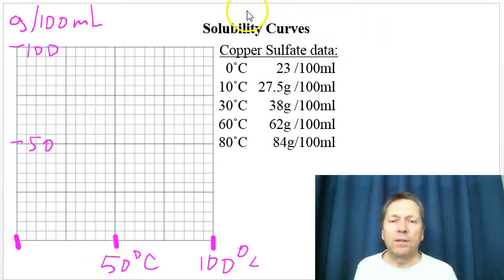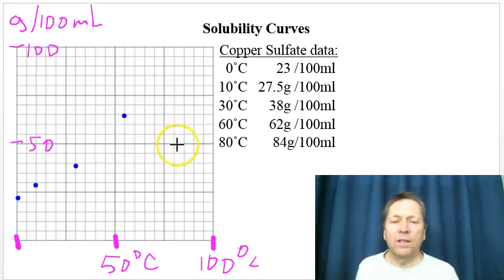Our first point, let's get some dots going here. First point is 0 degrees Celsius and 23, which is about there, and 10 degrees and 27.5, which is about there, and 30 degrees and that's 38, which is about there. We've got 60 degrees and 62, which is about there.